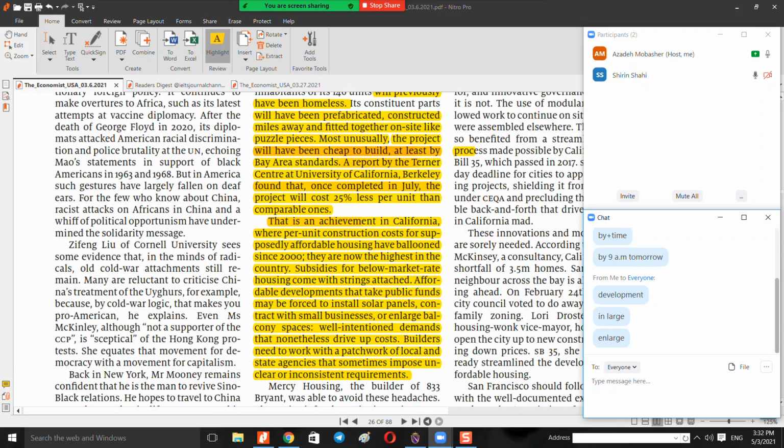But inconsistent means when someone says something today, then changes their ideas and says something else tomorrow. Very good. Today, Shirin. The stress is on the second syllable. Don't say today. Put the stress on the second syllable.